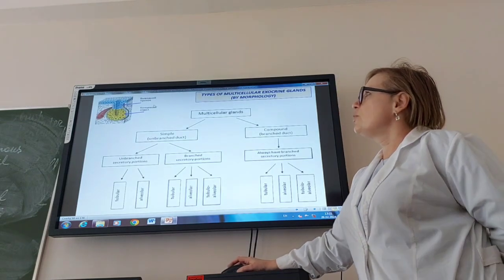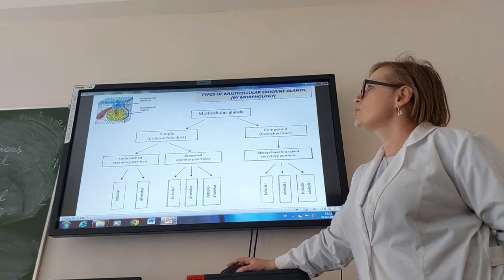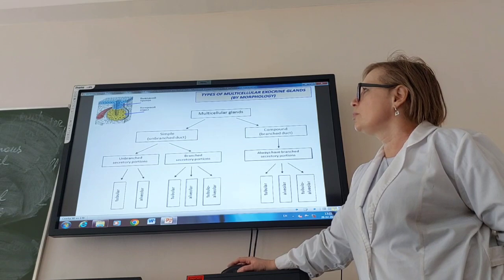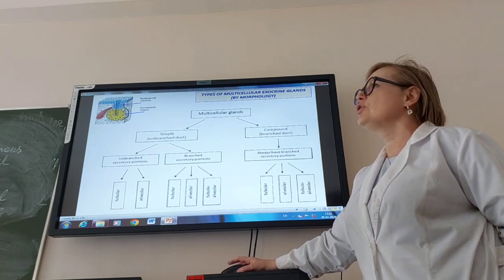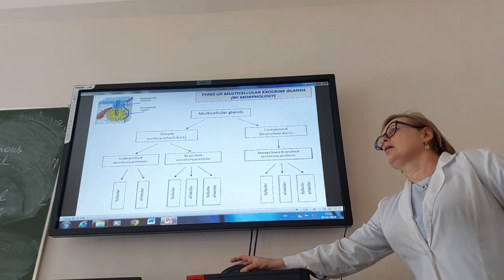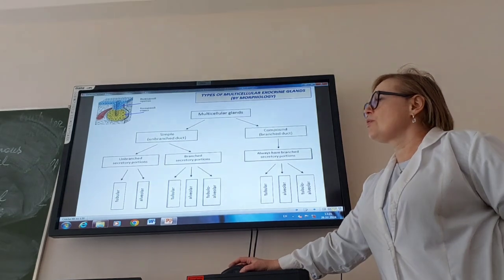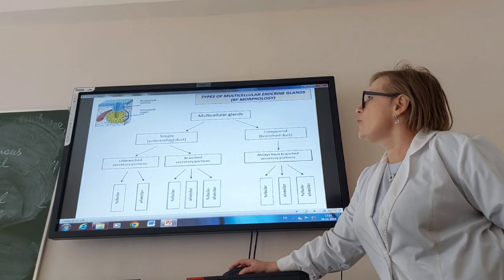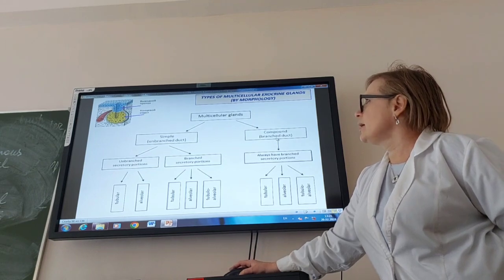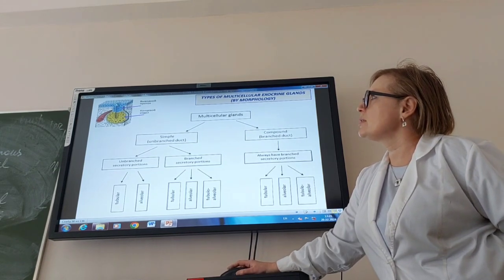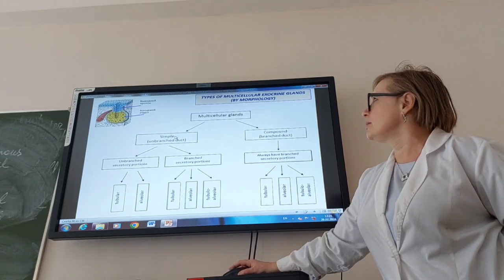And that's why such a multicellular gland, which consists of the duct and secretory part, we classify according to the branches of the duct structure and secretory portion structure. So, duct can be unbranched and branched. If it's unbranched, as here, we classify such gland as simple.